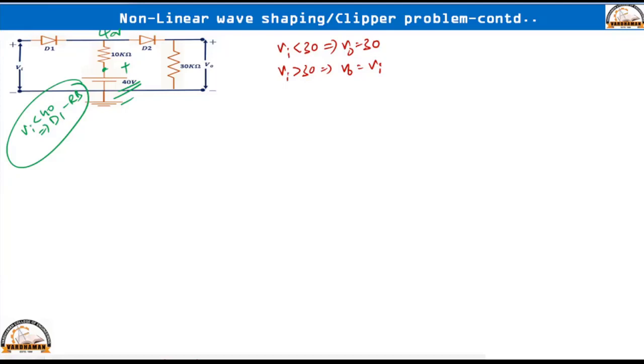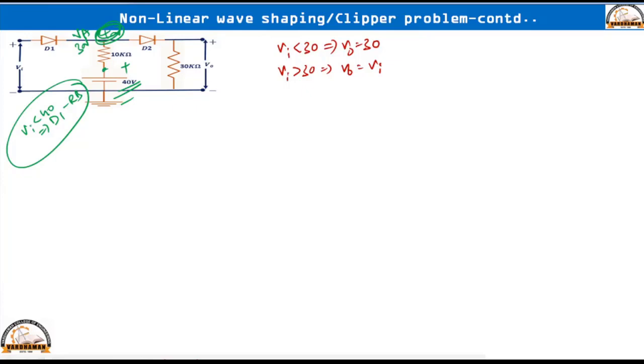But in order to conclude on the status of diode D1, 40 volts is not available here. This voltage is VA, that is 30 volts only. So, input voltage is to be compared with 30 volts to give the status of diode D1. That is the critical part of this particular problem.